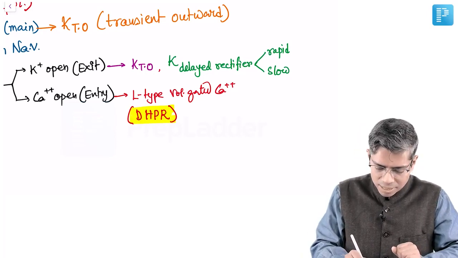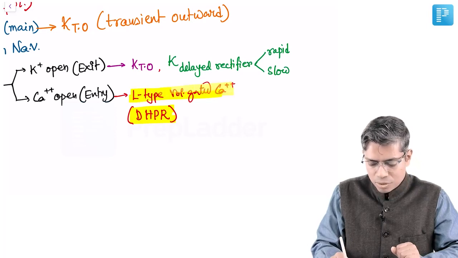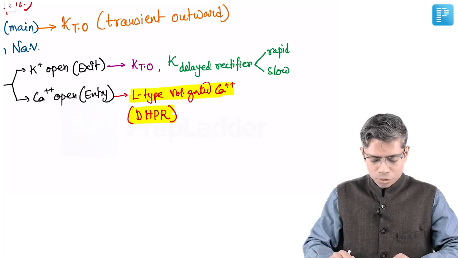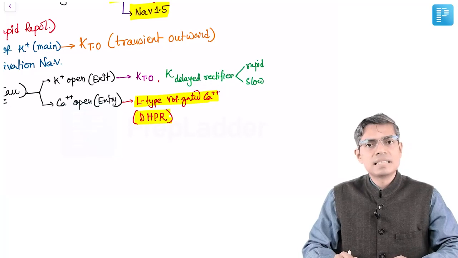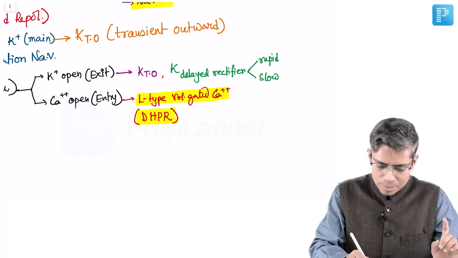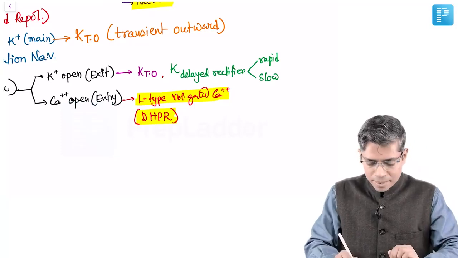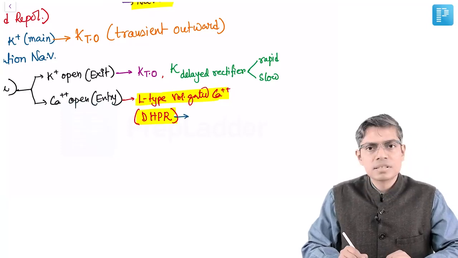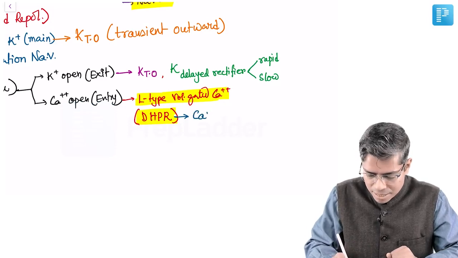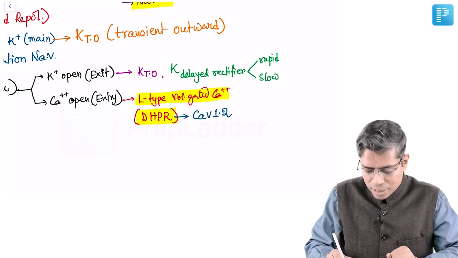This similar kind of channel, the L-type voltage gated channel, is also present in vascular smooth muscles, which are blocked by nifedipine, amlodipine type of drugs. So this DHPR channel is the calcium channel through which calcium is entering the cell. In the skeletal muscle chapter, I told you that there is a recent naming of this channel like that of the voltage gated sodium channel, and this is known as the CaV 1.2 type of channel.